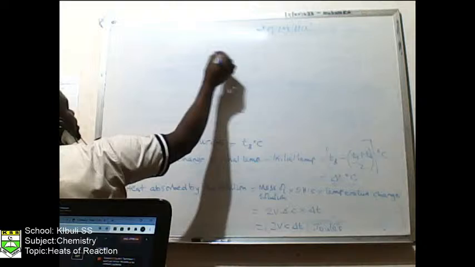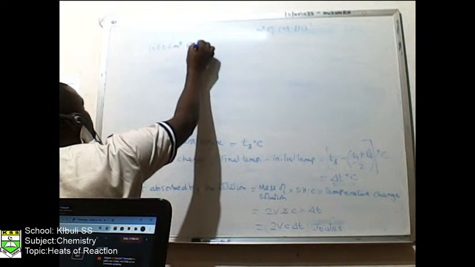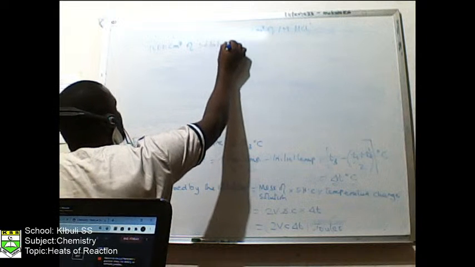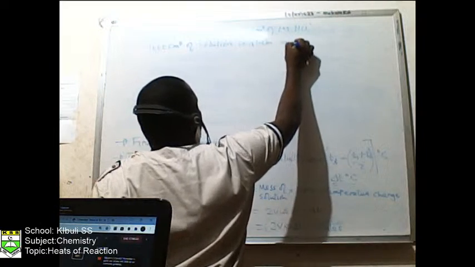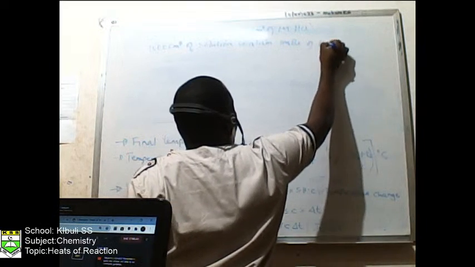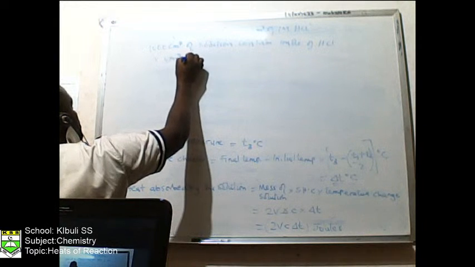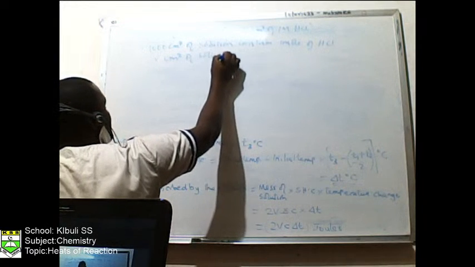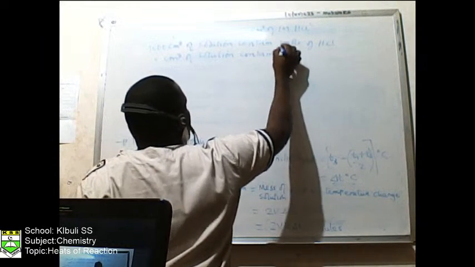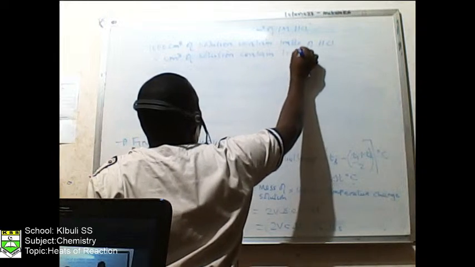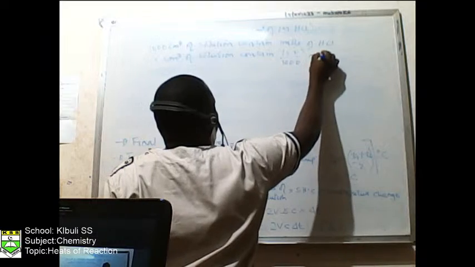Being 1 molar means that 1,000 cubic centimeters of solution contain 1 mole of HCl. What about the V cubic centimeters of the same solution? When you cross multiply, they contain 1 times V over 1,000 moles.